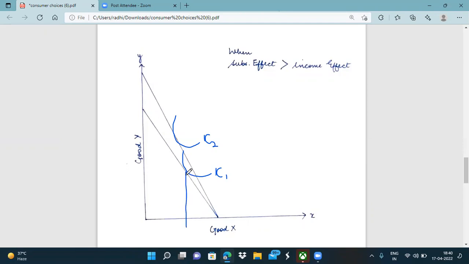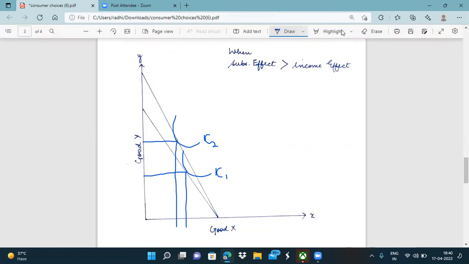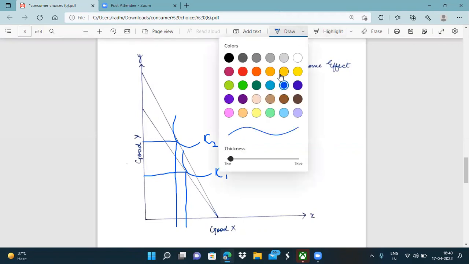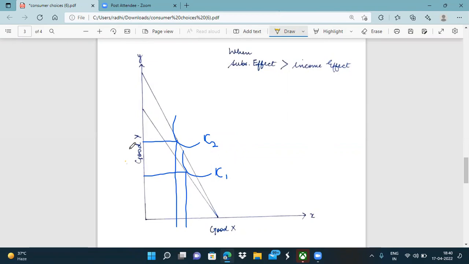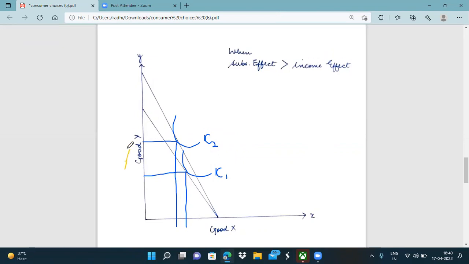So this will be our initial optimum, and this will be our new optimum. So here we have seen that the consumption of good Y has increased, but the consumption of good X has decreased.